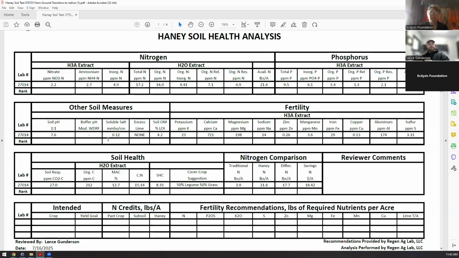So I told him, you need to put on some phosphorus. Now, don't take this soil test to your co-op, the guy who's selling you the fertilizer, because he's going to tell you to put on 250 pounds of phosphorus at one time based on a table that they have hanging up in the office.